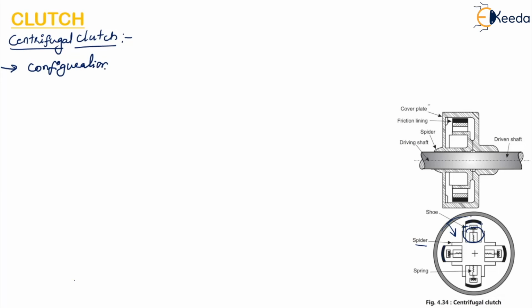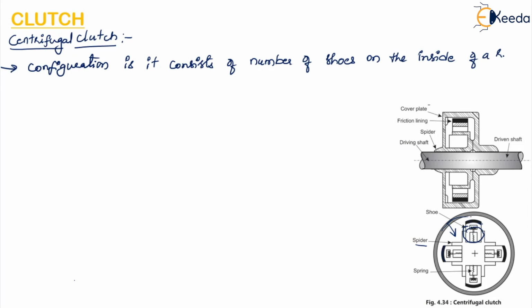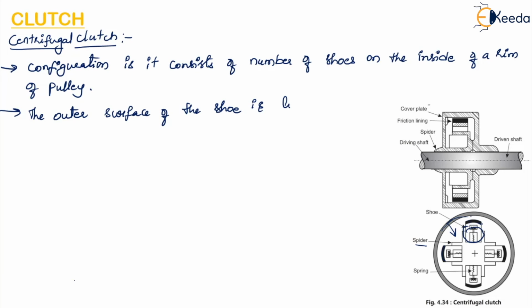Configuration: it consists of a number of shoes on the inside of a rim of a pulley. The outer surface of the shoe is lined with a layer of frictional material.